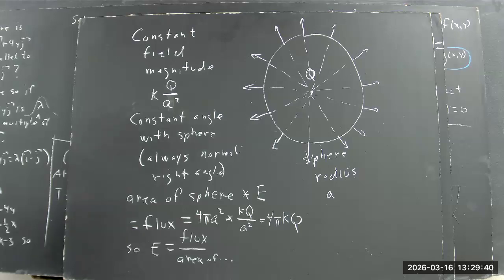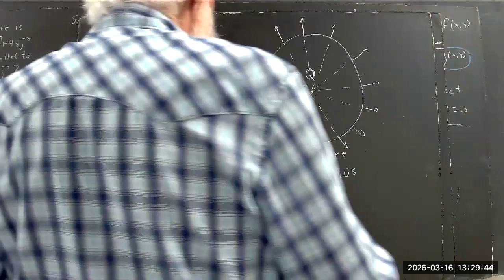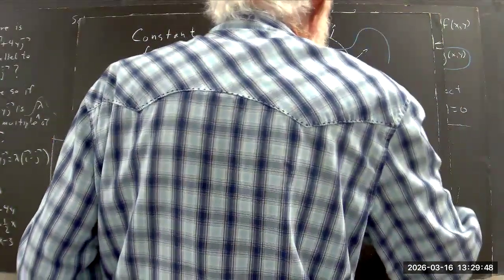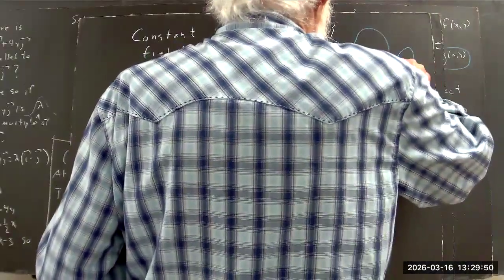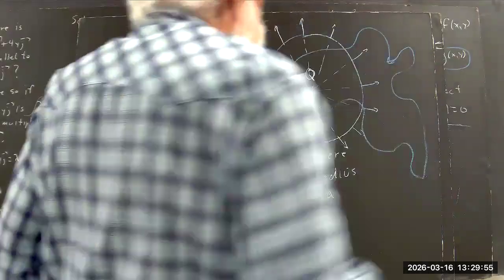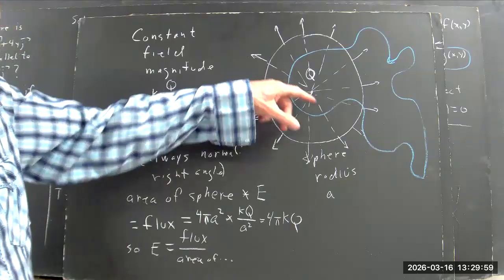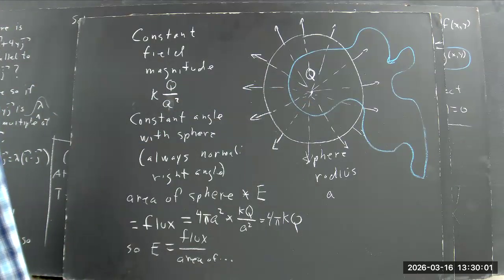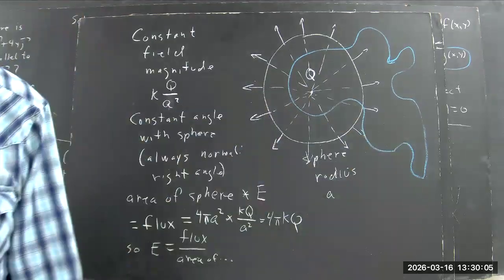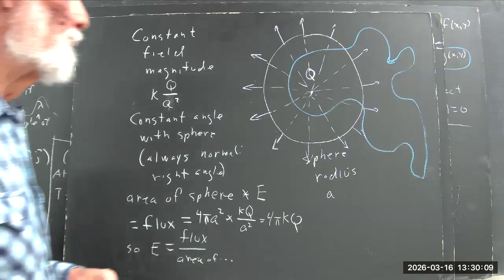Now, if I draw another surface, say some kind of warped quadric surface with Q right here, what's the flux due to Q through this surface? Well, there are a couple of things.